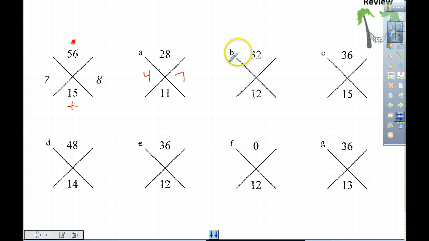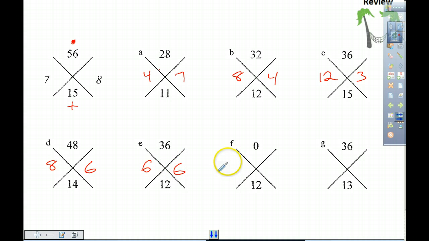All right, for B, what'd you get? 8 and 4. 8 times 4 is 32, 8 plus 4 is 12. Letter C, 12 and 3. Yes, you might have to know your 12s in order to do all these. D, 8 and 6.